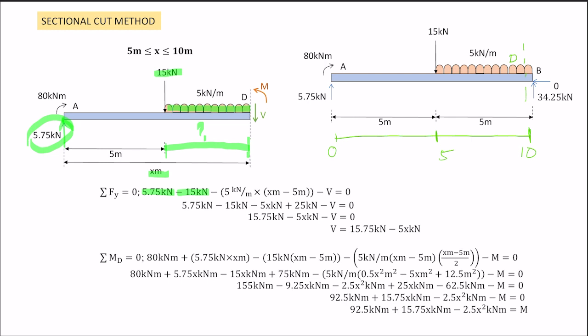As you know, to calculate this UDL, we know 1 meter is 5 kilonewton. So now how many meters is this? This is how many meters we multiply with that 5 kilonewton per meter. So X meter minus 5 meter.